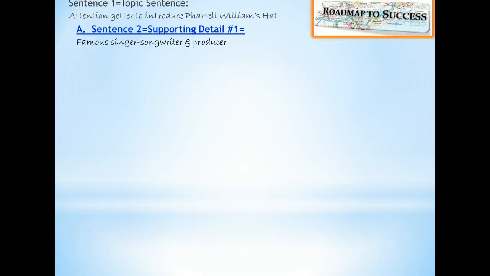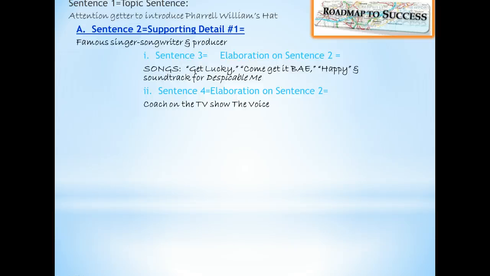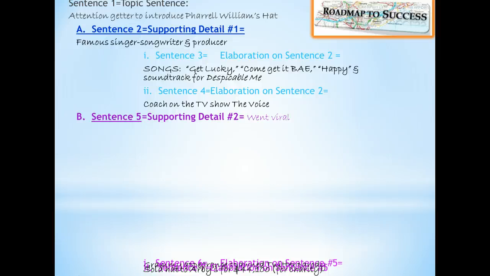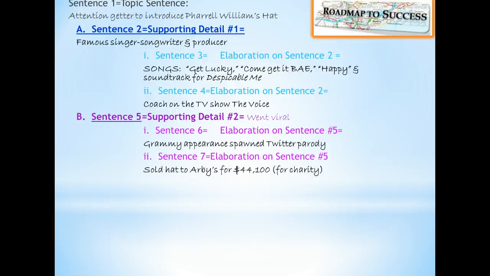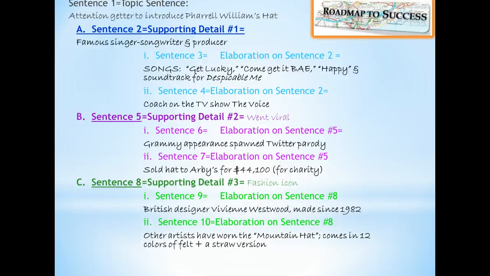Sentence 1 will be the attention getter to introduce the hat, followed by supporting details, elaboration, your second supporting detail, elaboration for your second supporting detail, your third supporting detail, elaboration for that third supporting detail, and finally, your clincher or concluding sentence. Feel free to pause this if you'd like to take time to read through the outline on this page.